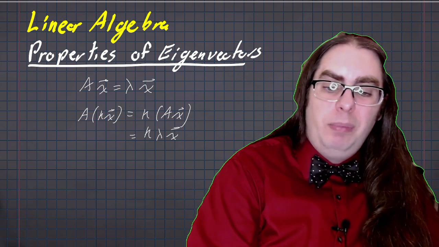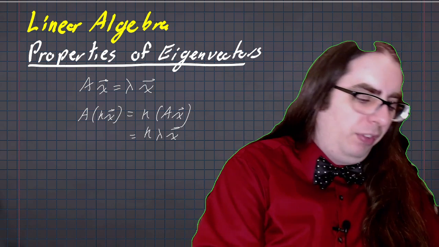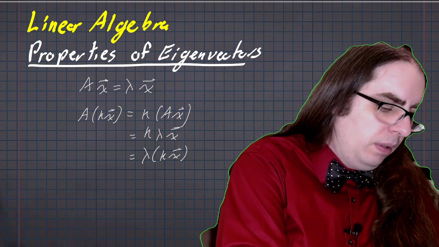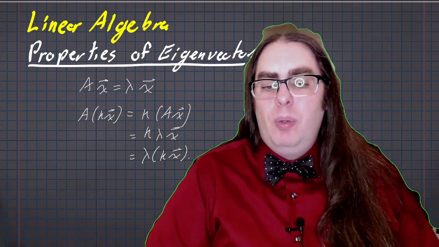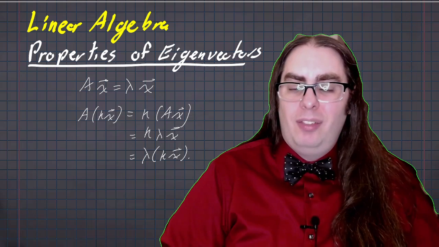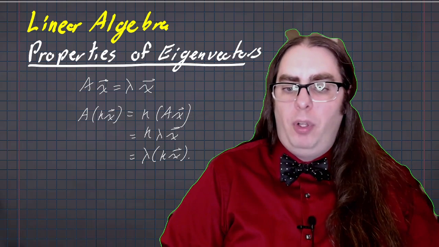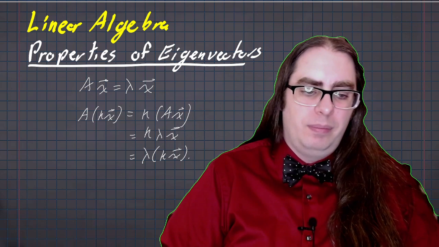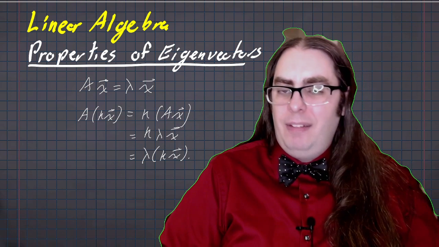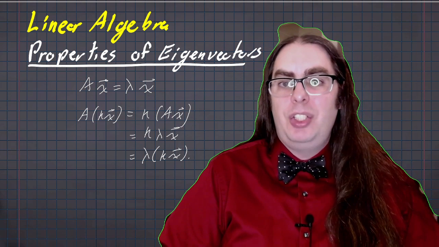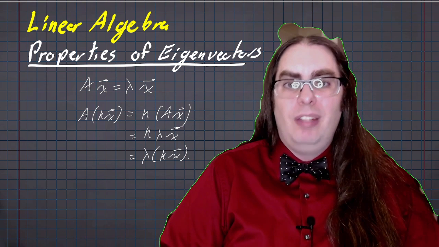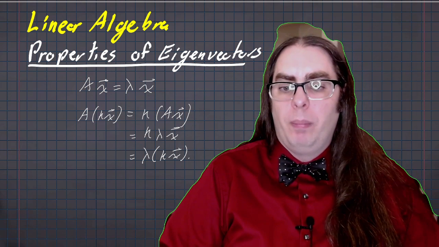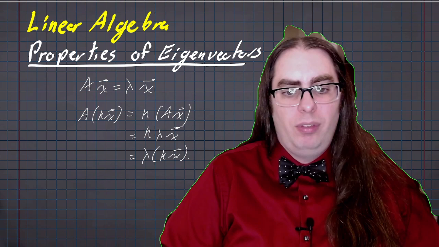And then using the commutative and associative properties of scalar multiplication, if you have an eigenvector x, then any scalar multiple of that eigenvector is also an eigenvector. And in fact, any linear combination of eigenvectors is also an eigenvector. So eigenvectors are going to form a vector space.